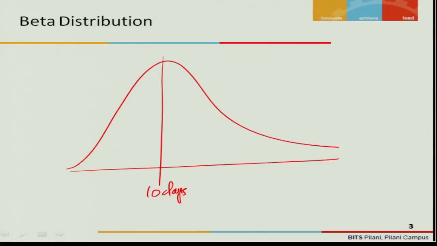Fortunately, if everything goes well, he should be able to supply within, say, 7 days. But if things are not going as per the plan, he may supply within, say, 15 days, and nothing more than that.